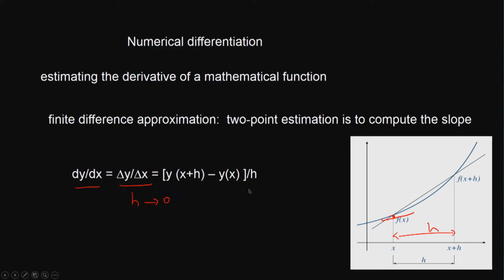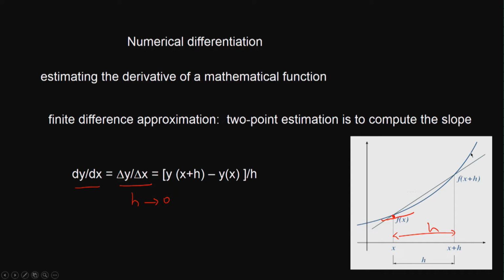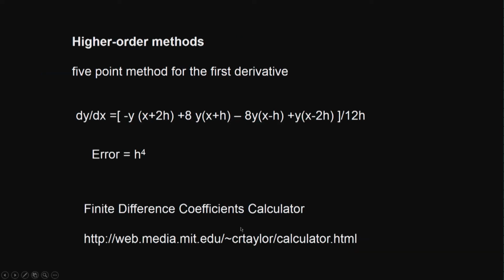Yesterday I showed you an example of how much the error changes depending upon h. If h is 0.001, you may get 0.1% error. If h is 0.01, you may get 1% error. If h is 0.1, you may get 10% error, depending upon the equation, because if you have a parabolic type of relationship, errors could be much larger.